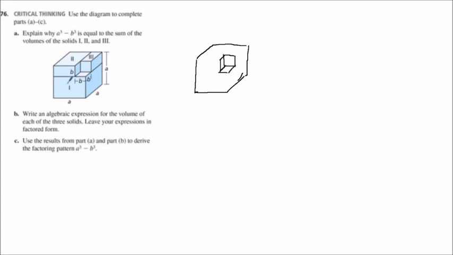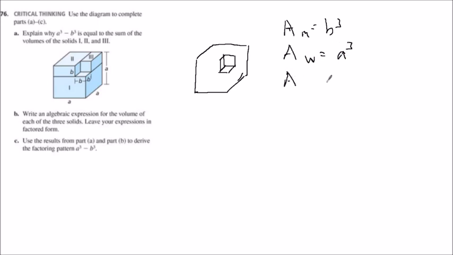I'm gonna draw this out right here. These solids 1, 2, and 3 make up this whole thing, but missing this b cubed square. So the volume of the missing cube, I'll note that as m, is b cubed, but the volume of the whole is a cubed.